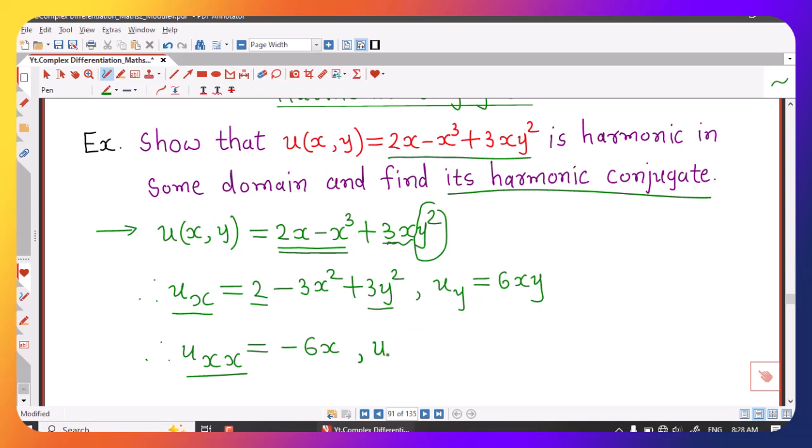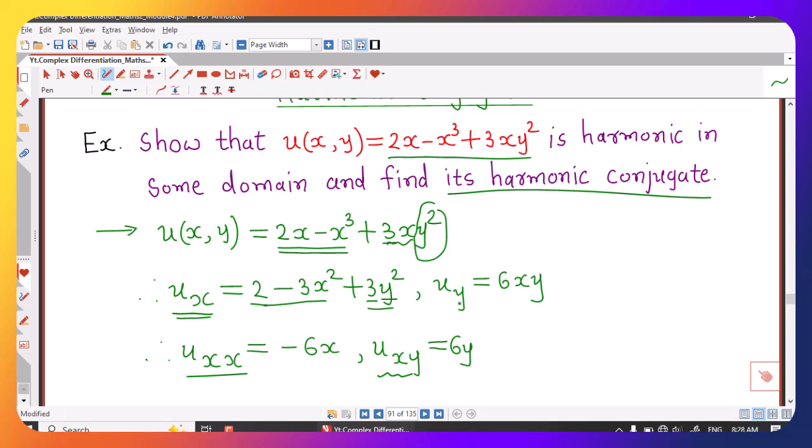Similarly, we require del square u by del x del y, that we can obtain from this by differentiating with respect to y. So again this is going to be 0 when we differentiate with respect to y, and here 3 is constant, derivative of y square is 2y, so it is 6 into y.